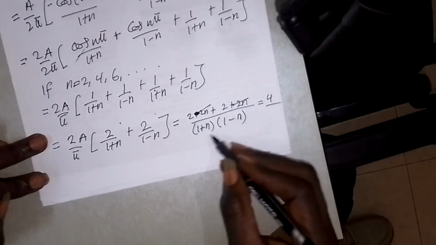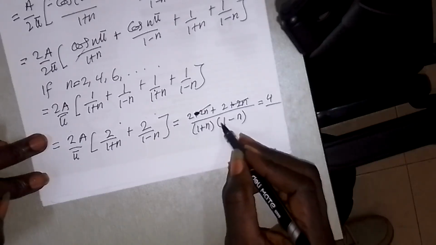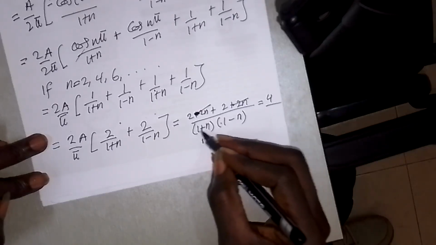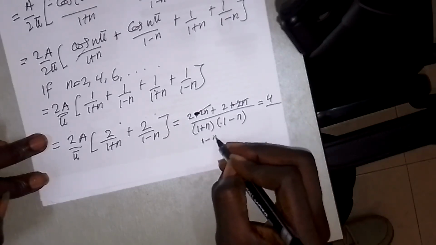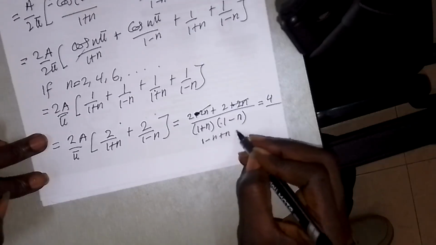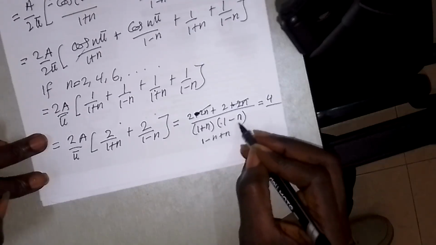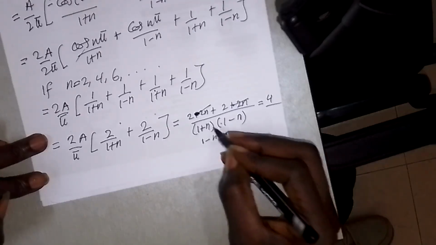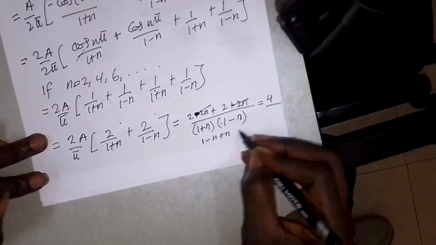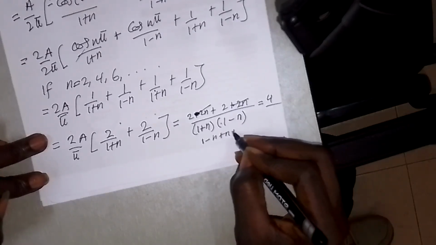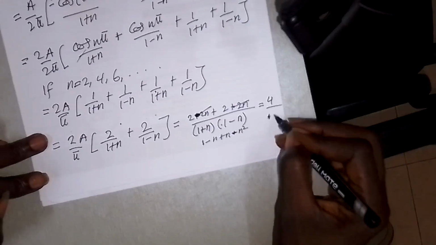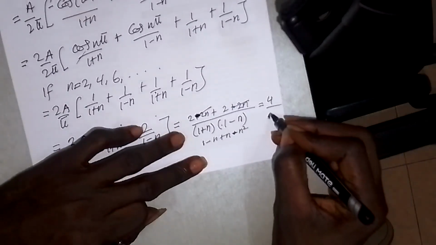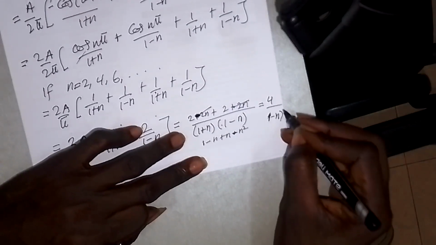And then here you'll be left with 4 at the top. Here, if you bring it here, you get 1, and then this one, 1 minus n plus n times n, minus n squared. So you get 1 minus n squared, the difference of 2 squares.